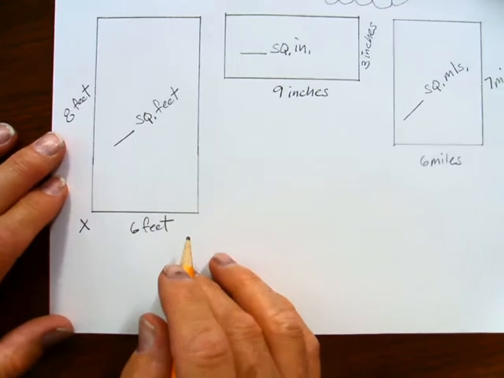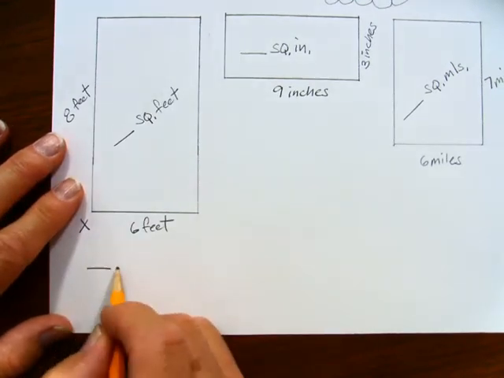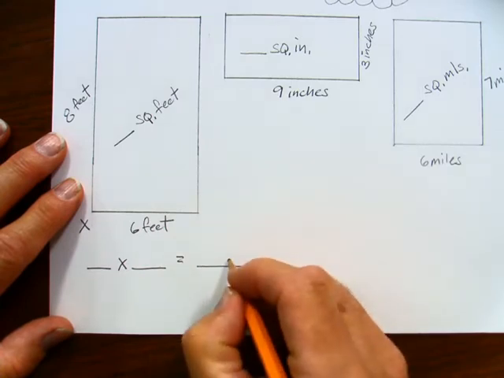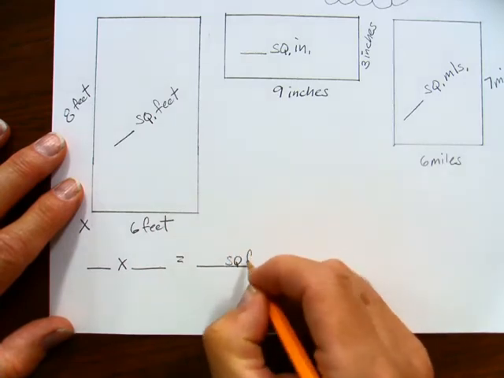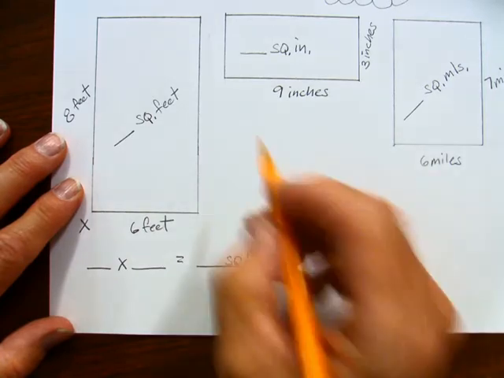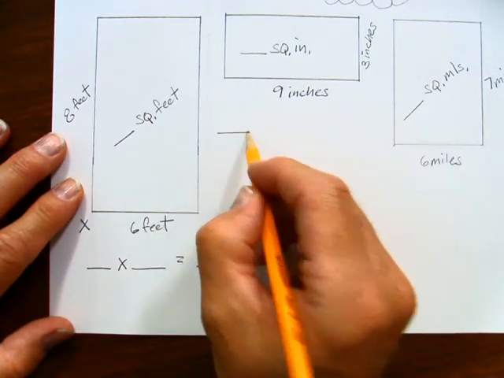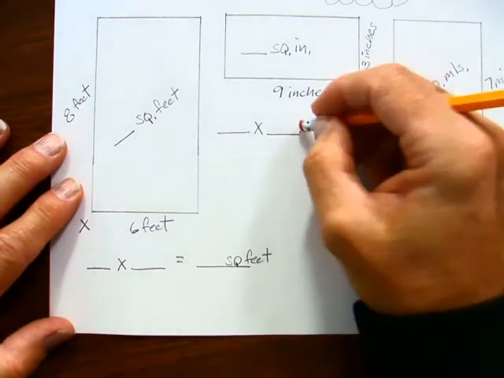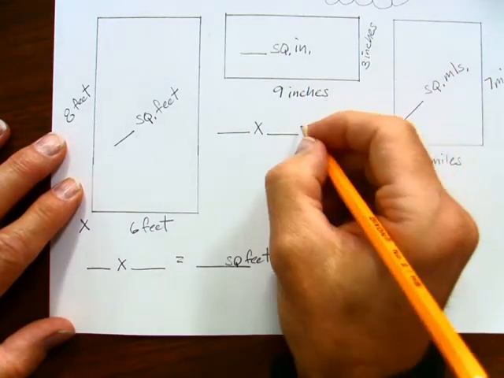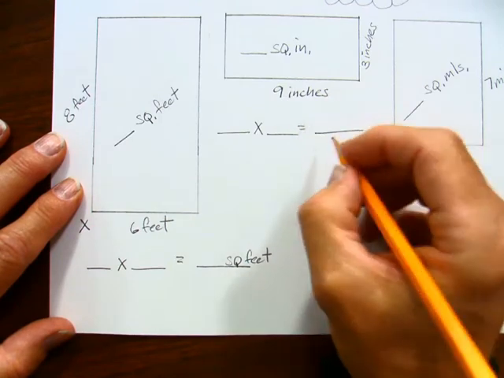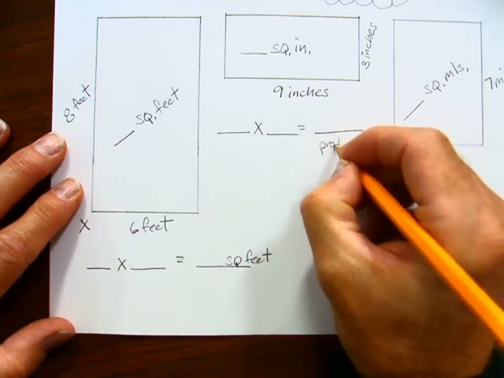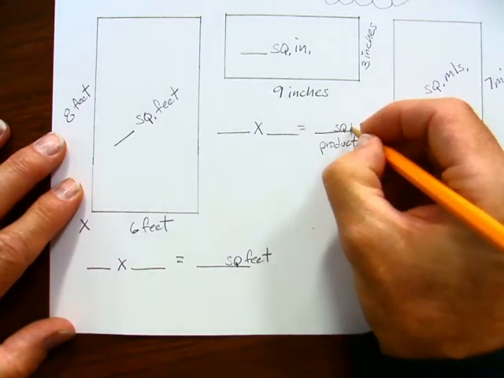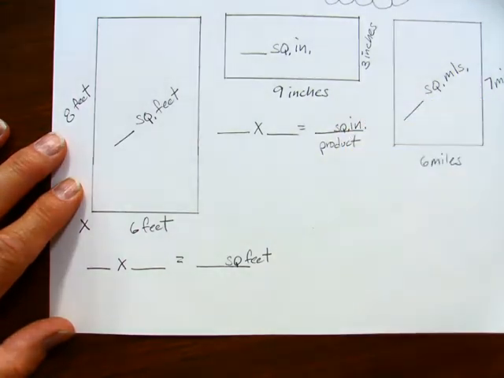So if you remember from the previous lessons, we have two factors, and then we have our product. And this is going to be square feet. In this rectangle, we have our two factors and our product. This is going to be square inches. I'm going to use the abbreviation for that.